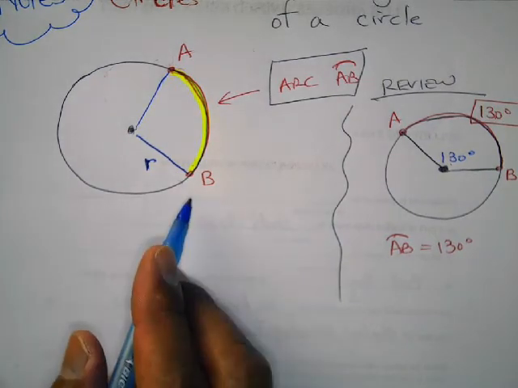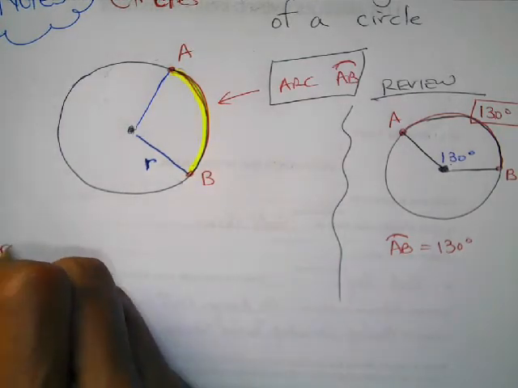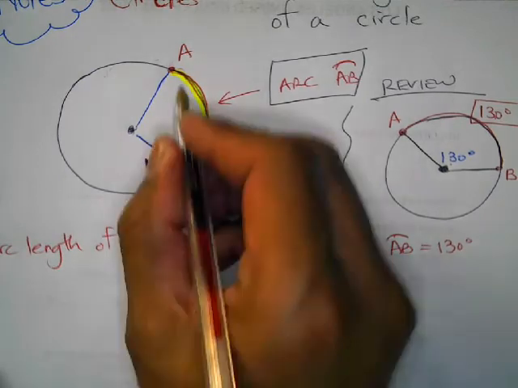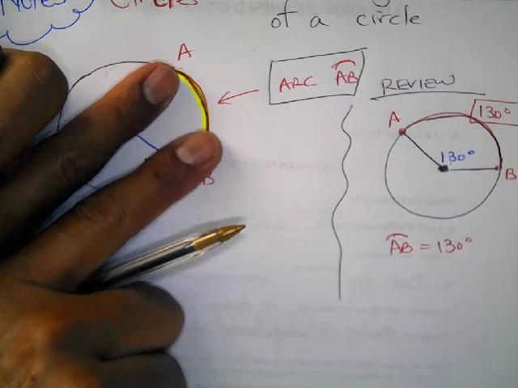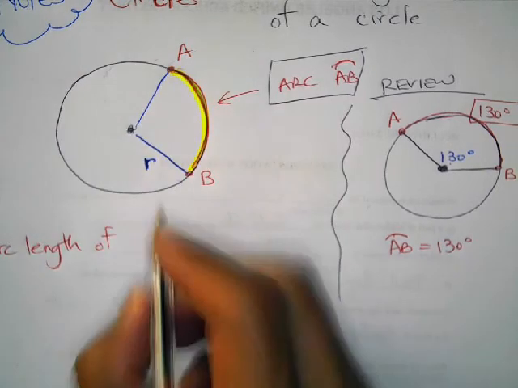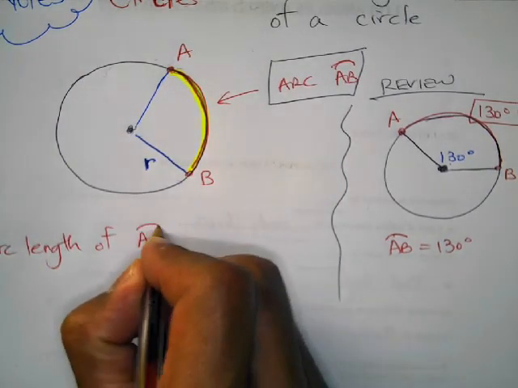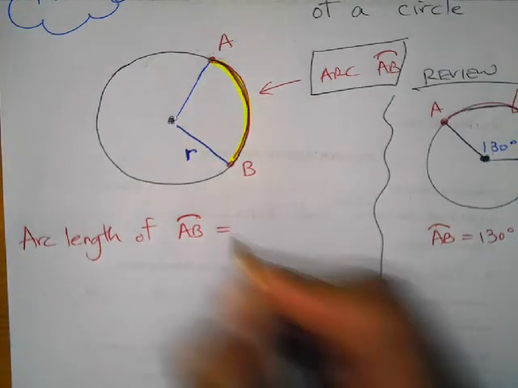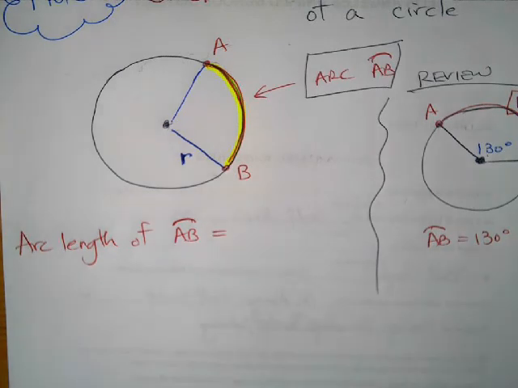Okay, so here's the formula for arc length. Arc length of this part, which is from A to B, whether it's a really small arc or a really large arc, length of this arc AB, the formula is this.